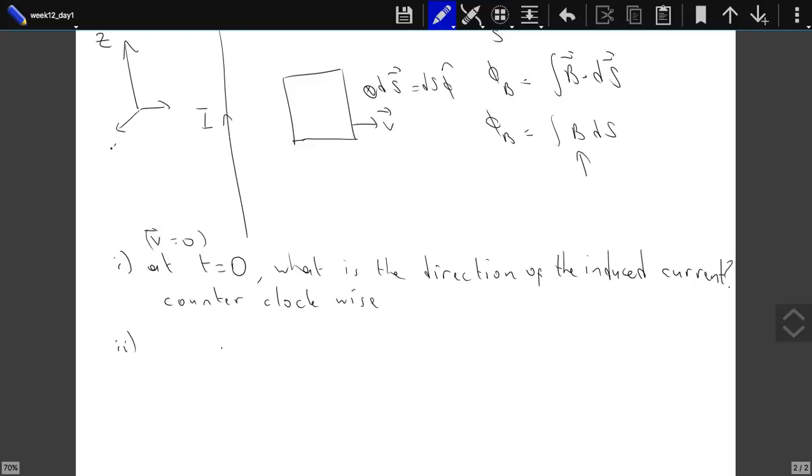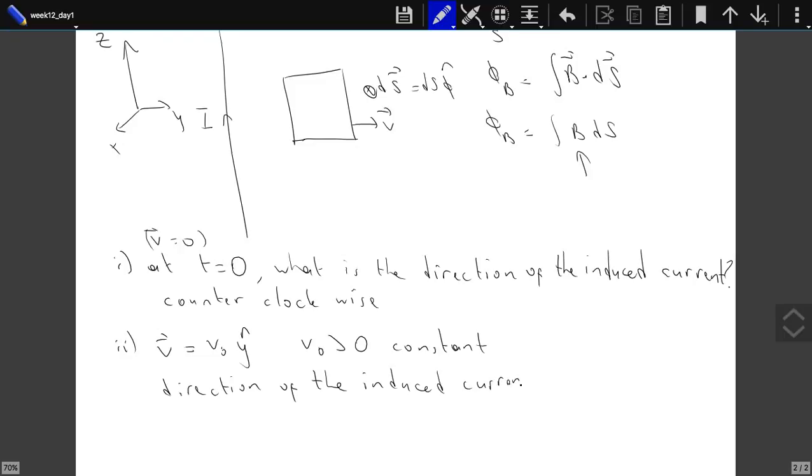Let's say this is our X, Y. V is equal to V0 y hat, V0 a positive constant. Direction of the induced current, at, or let's say not t equal to 0.